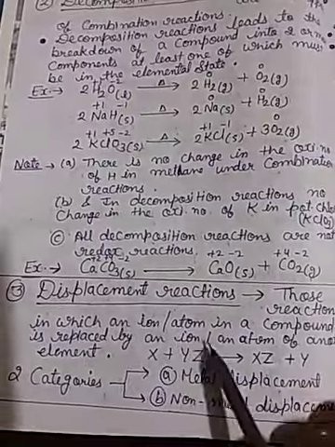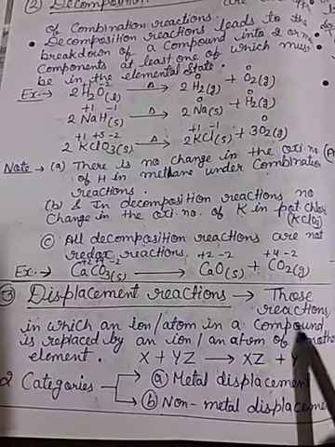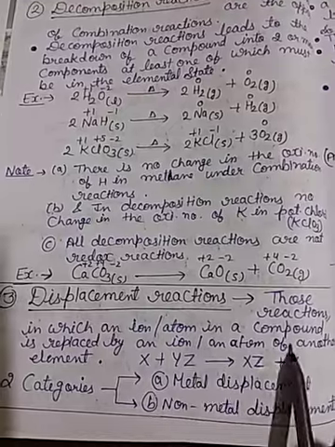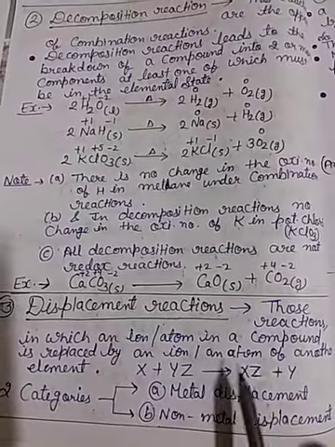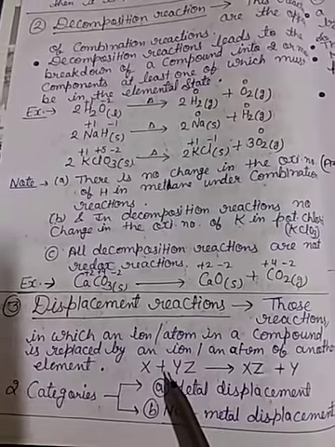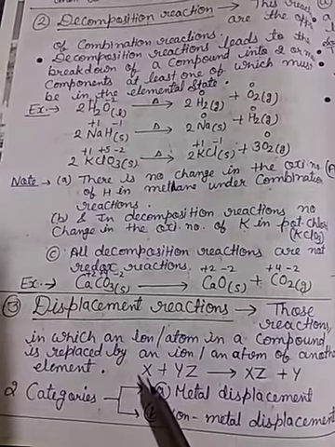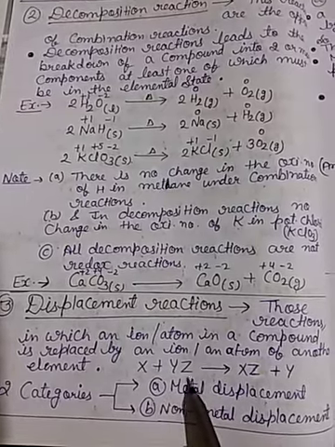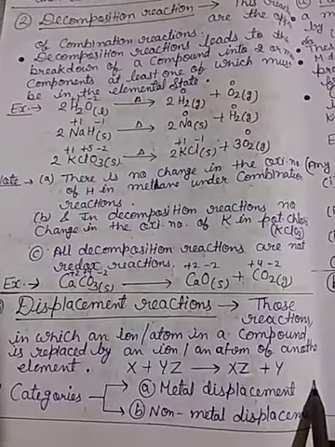Then third is the displacement reaction. Those reactions in which an atom or ion in a compound is replaced by an ion or atom of another element are known as displacement reactions. Here you see X plus YZ converts into XZ, where X reacts with Z and Y is replaced.